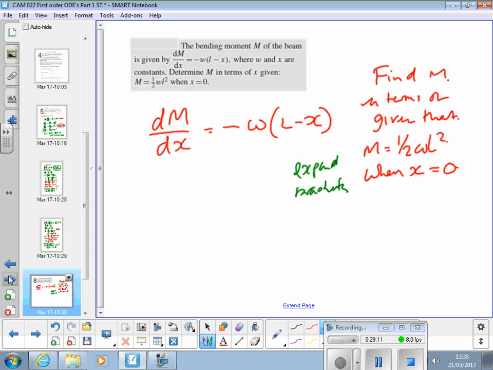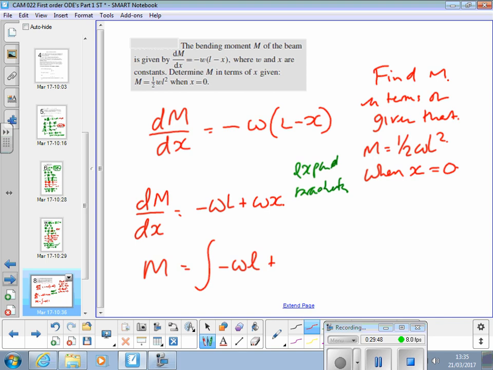So we expand the brackets to dM by dx is equal to minus omega L plus omega x. Now integrate. So we end up with M is equal to the integral of minus omega L plus omega x dx.